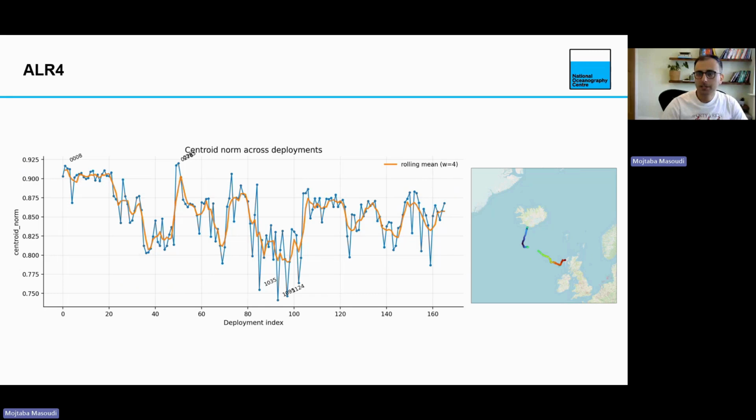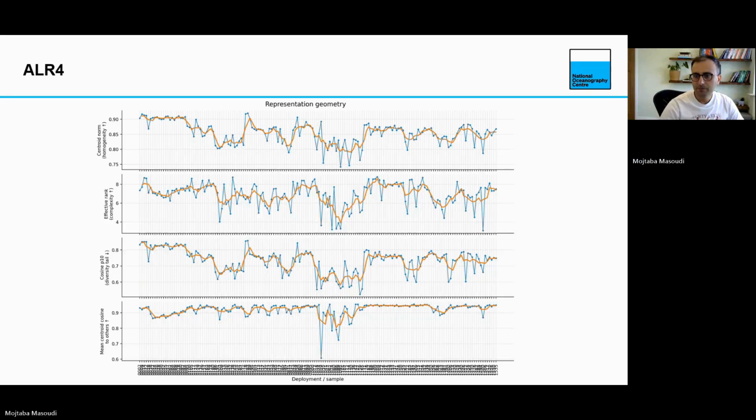In this plot, from the beginning of the ALR until now, the centroid norm is changing from higher at the first deployments, going down, then fluctuating in the middle, and then it settles at a relatively middle value for the later deployments.